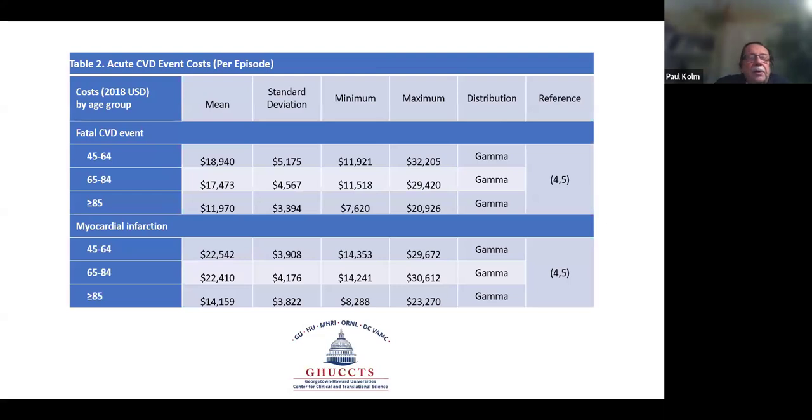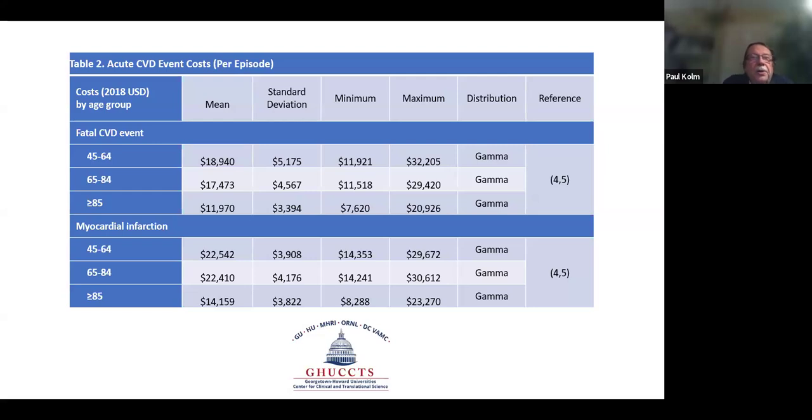And so this is just an example from our study that we did. We looked at the different costs, but I just give a couple here for a fatal cardiovascular event, a death, for 3 different age groups, and then a cost for the same different age groups for non-fatal MI.